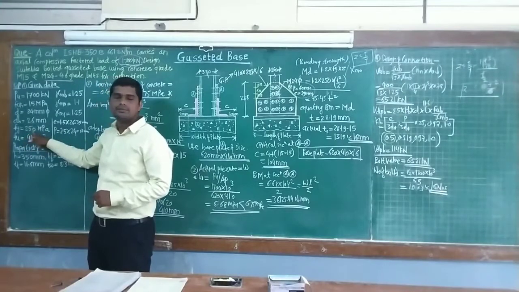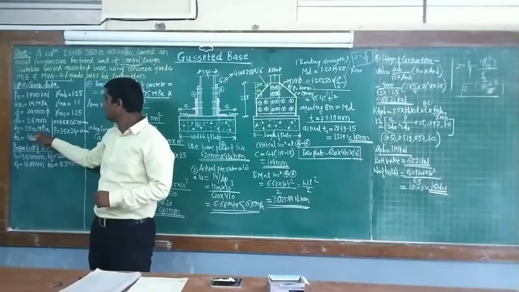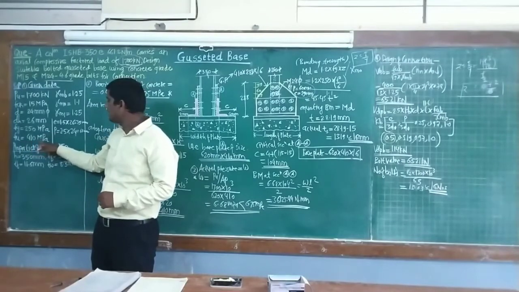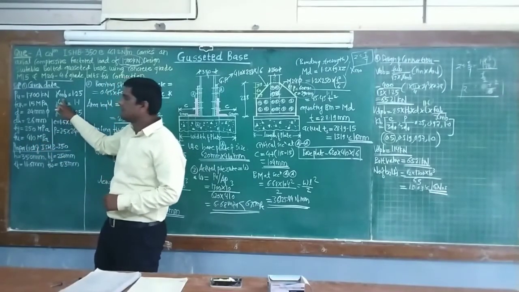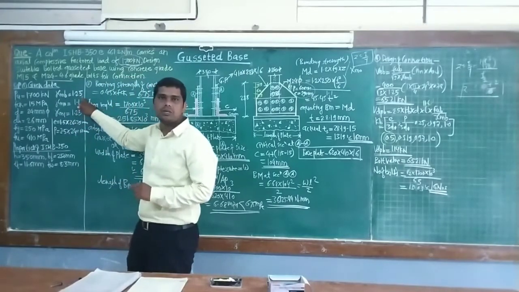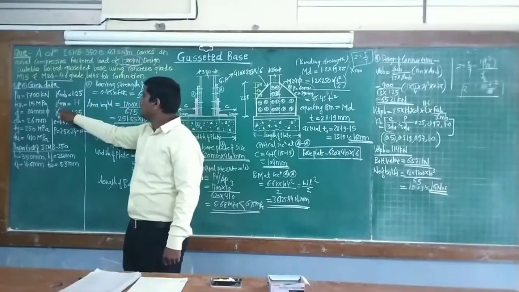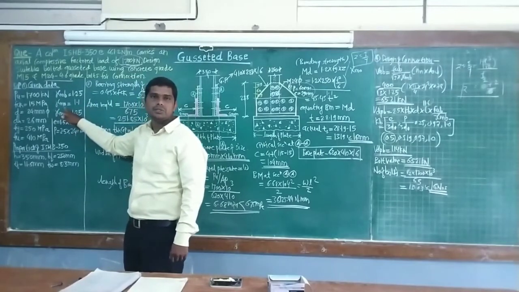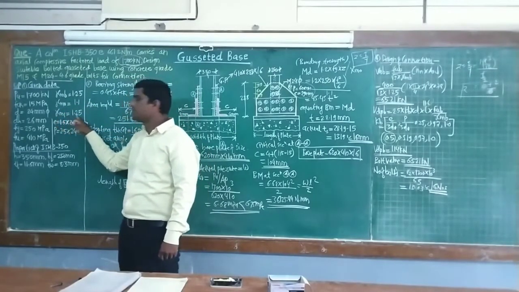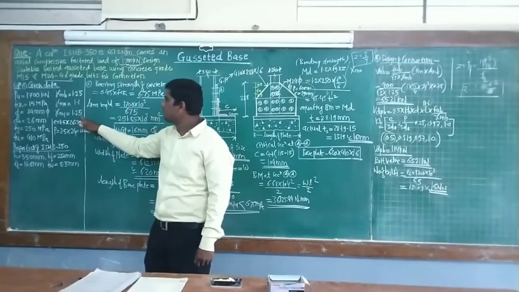Then Fy we are going to take 250 MPa, Fu will be 410 MPa. Partial safety factor gamma M0 is equal to 1.1 and gamma M1 will be 1.25.